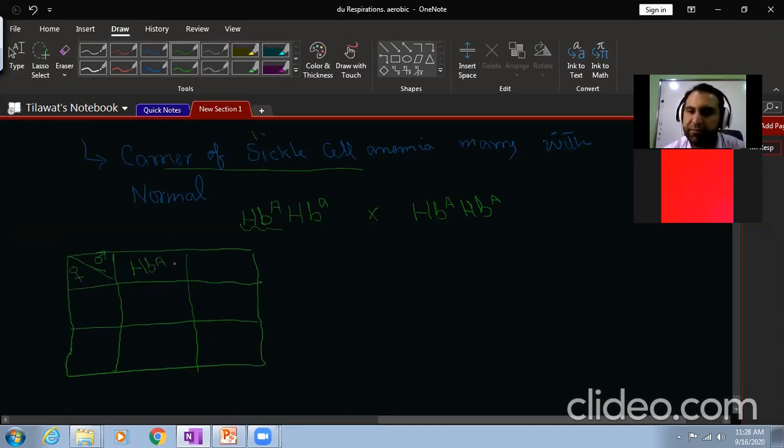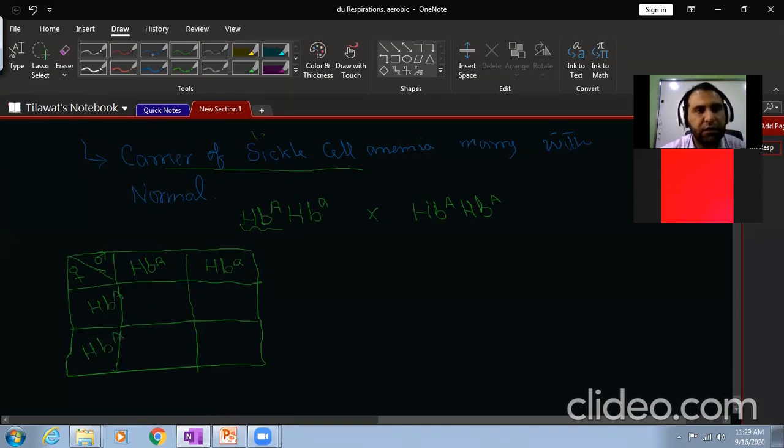If a person receives this allele, it will be in the gamete and transferred, because the chromosomes are present here. So HbA and HbS, and here HbA and HbA. Do a cross.